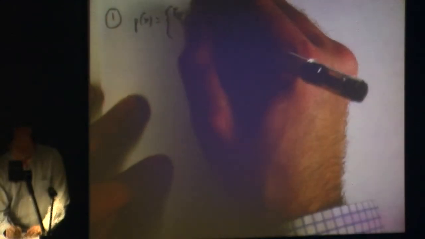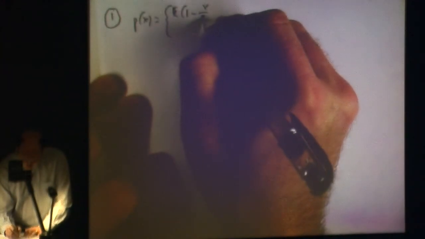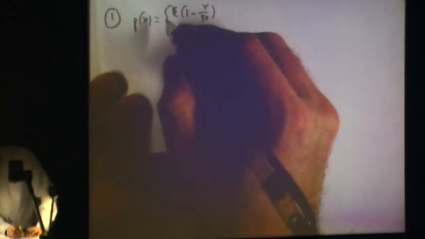But we've got k(1 minus x over 30), and also equal to 0, and this is for 20 is less than or equal to x, which is less than or equal to 30. And here we've got elsewhere.